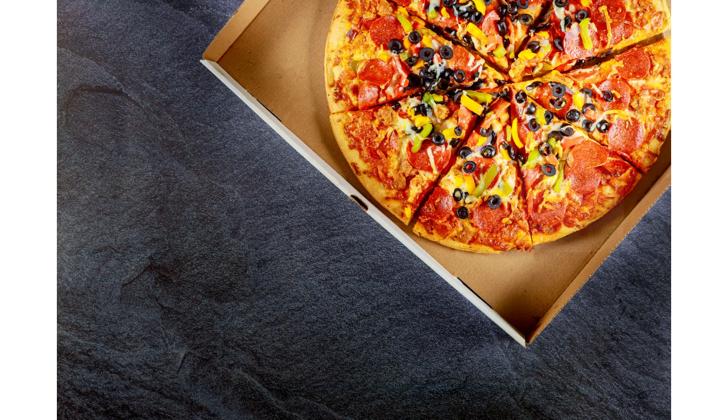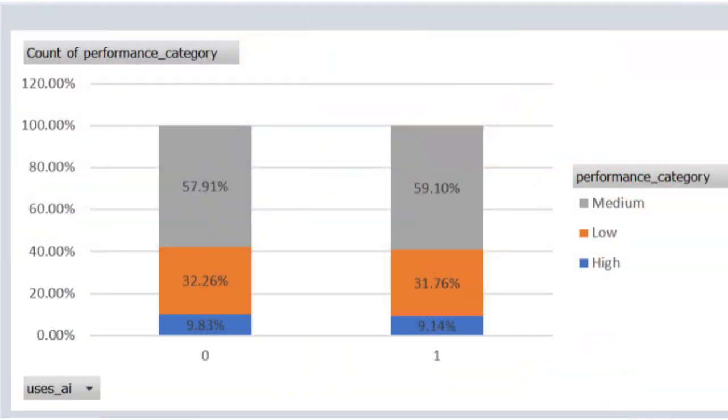So now that we have that clear, what do you understand from this diagram? It means that 58% of the people who do not use AI perform mid, whereas only 9% perform high. Now, go to the people who do use AI. 59% perform medium, whereas high and low are lower than what we observed when they did not use AI.